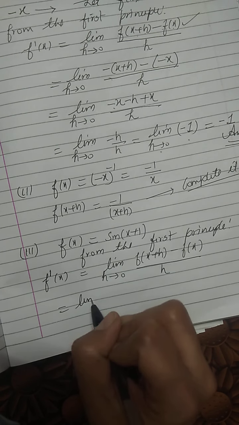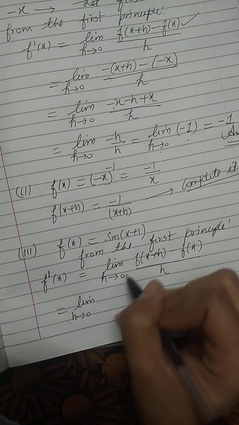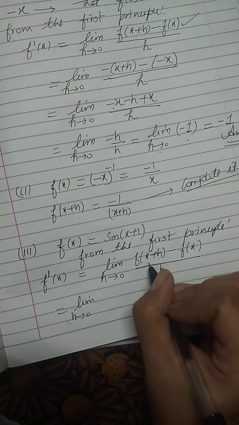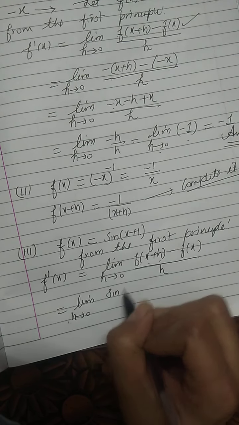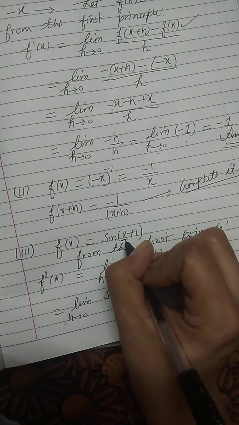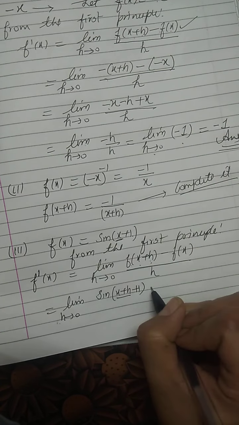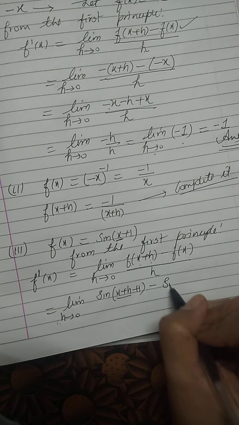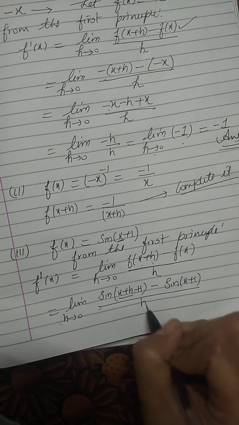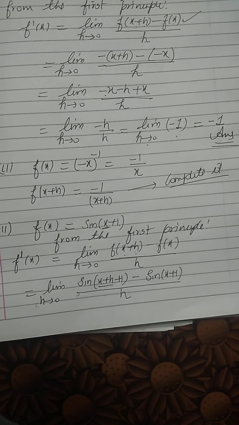So this will become limit h approaches to 0. If f of x is sine of x plus 1, f of x plus h will become sine of x plus h plus 1. In place of x, x plus h will come, minus f of x as such, that is sine of x plus 1, whole divided by h. Right?